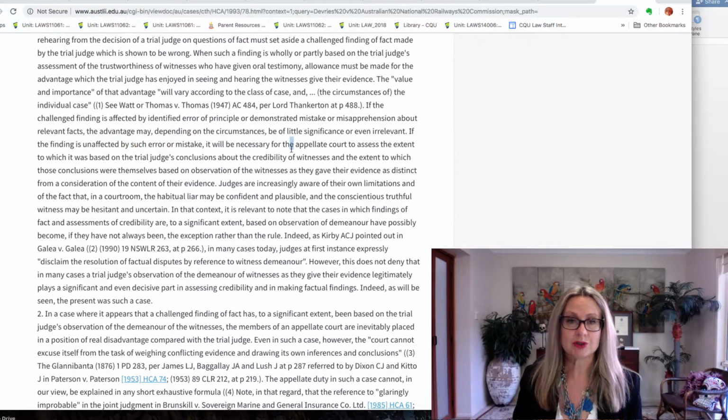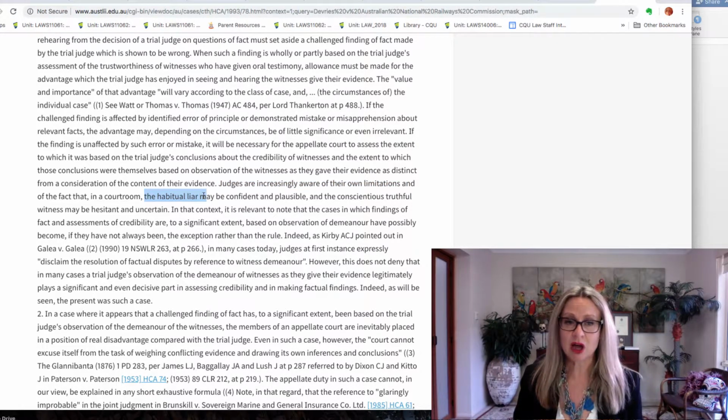the appellate court to assess the extent to which it was based on the trial judge's conclusions about credibility of witnesses and the extent to which those conclusions were themselves based on observations of witnesses as they gave their evidence, as distinct from a consideration just of the evidence itself by the judge. Judges are increasingly aware of their own limitations and the fact that different people might present differently.